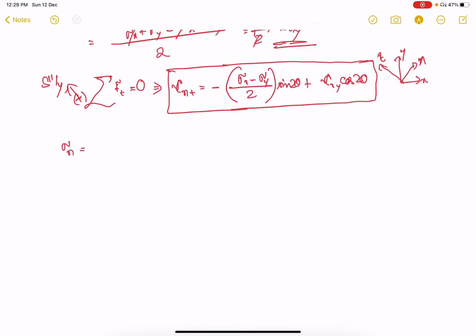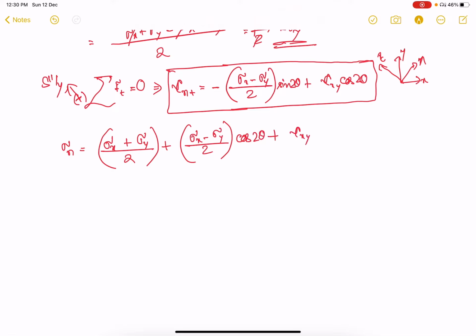So you have got sigma n is sigma x plus sigma y divided by 2, again plus sigma x minus sigma y divided by 2 cos twice theta, plus tau xy sine twice theta, and tau nt is minus sigma x minus sigma y by 2 sine twice theta plus tau xy cos twice theta. In order to remember, trigonometry changes: here it is plus, here it is minus, and the trigonometry changes to cosine, with twice theta.